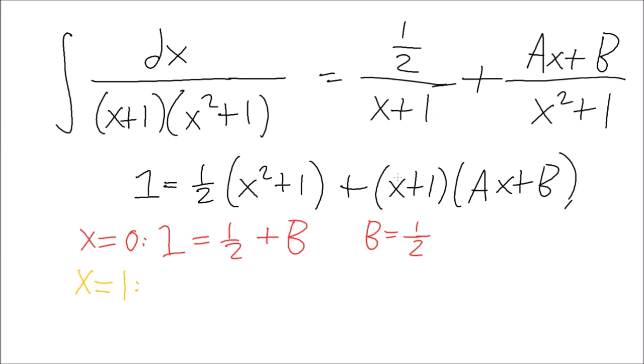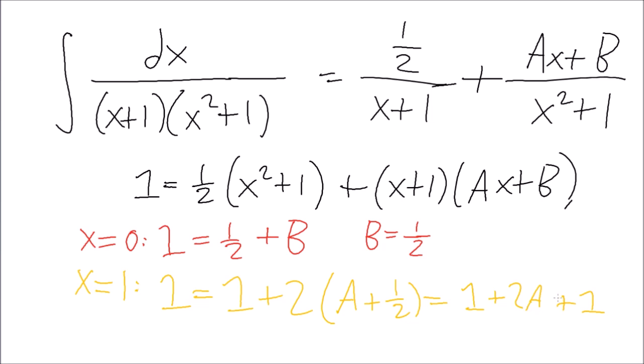Then x plus 1 here, right? 1 plus 1, that's 2. And this b, the half, gets canceled out, right? So let's go ahead, let x equal to 1. Then we get 1 equals 1 plus 2a plus a half. This becomes 1 plus 2a plus 1.